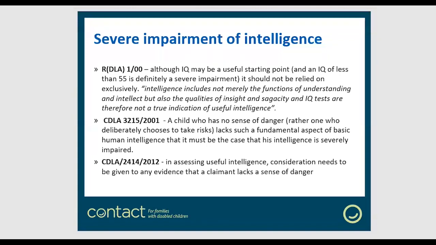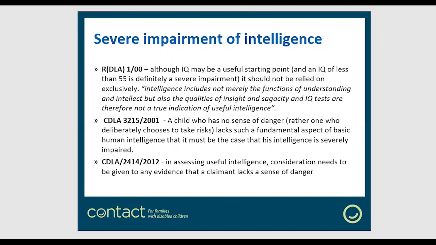The only thing I would say about that decision is, that judge in making that finding did say that you would have to be clear that it was a child who had no sense of danger rather than a child who was aware of the dangers but was deliberately choosing to take the risks. And then CDLA 2414 of 2012 says that in assessing useful intelligence, consideration needs to be given to any evidence that the claimant lacks a sense of danger.